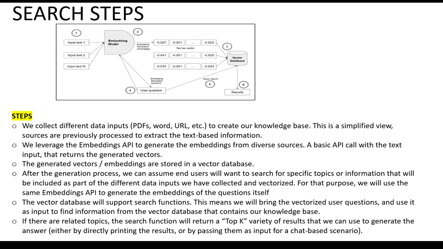Now these are some of the steps of how Gen AI works. When you search for something, when you ask something to ChatGPT or Copilot, how does it work? So it works on these steps primarily. First of all, we have to create a knowledge base. We have to train the model. We have to create the embeddings for all this input text data.